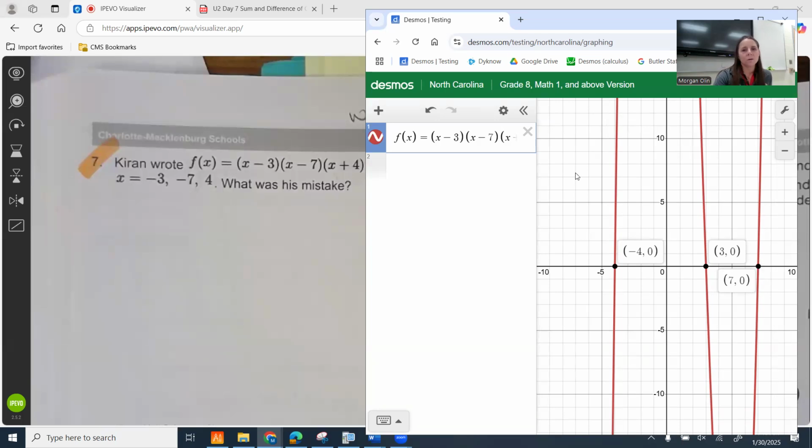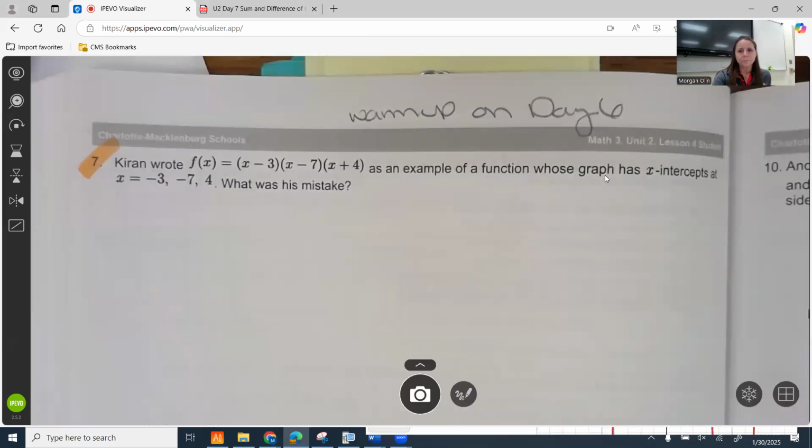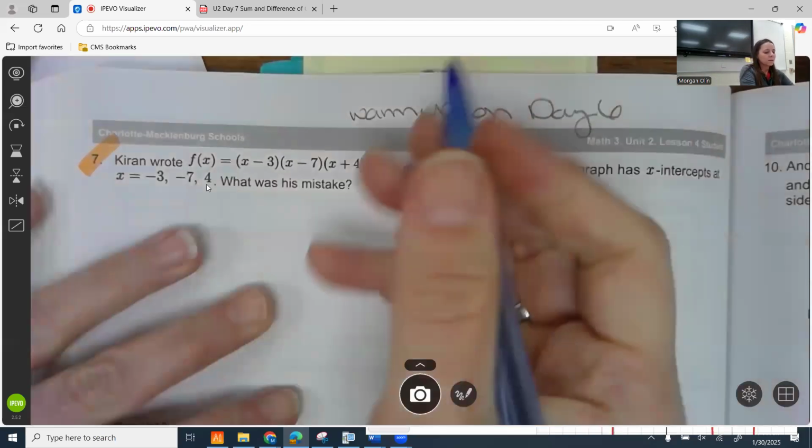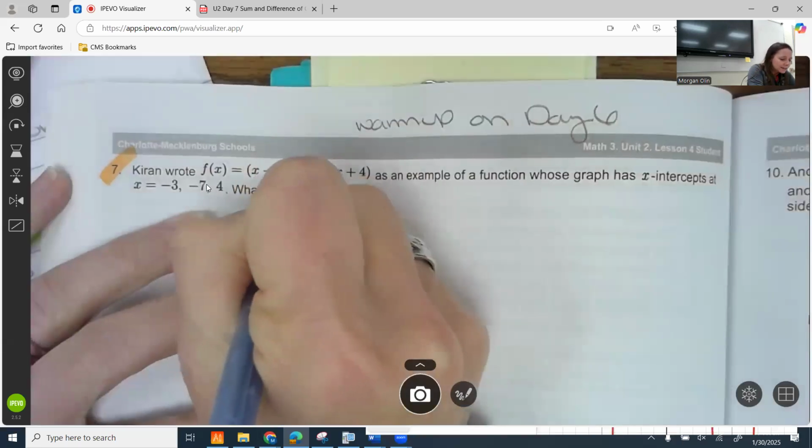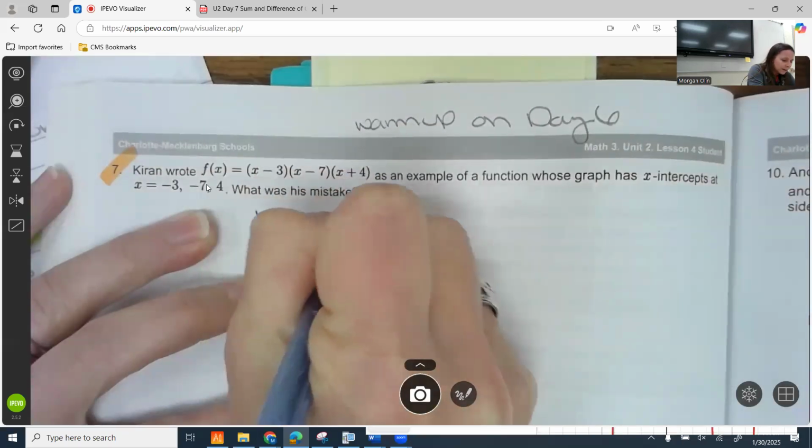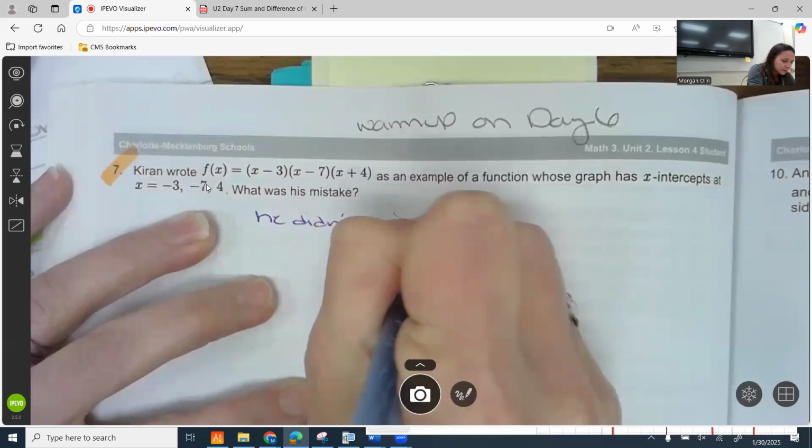So what did he do? Well, if we're trying to write a polynomial that has x-intercepts at -3, -7, and 4, we actually just need to think the opposite on this. So basically, we can say he didn't think opposite.